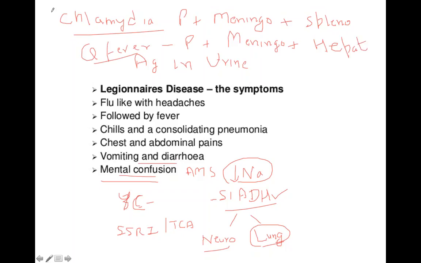Clear? Diagnosis is again a serological test. So in all these cases we will go for a serological test. In Legionella pneumonia, it is Legionella antigen in the urine. Okay, clear? So these are the typical and atypical pneumonias. Any questions?